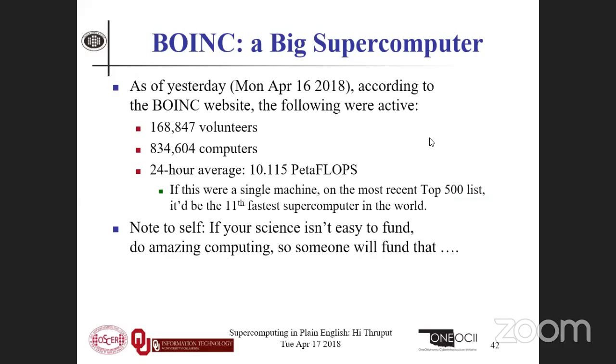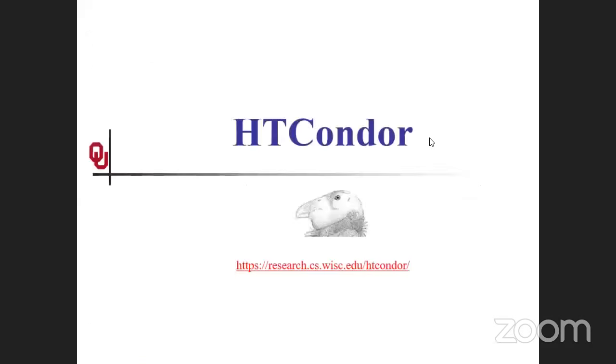So it's trivial to sell those things. It's much harder to sell things like extraterrestrial intelligence because, well, let's say that it's very difficult to predict whether that's going to be a win or a loss. So nobody in Congress wants to pay for it, right? But this way, if you're doing amazing computing, then you might be able to get a little money for that, even if you can't get money for the science that no one wants to fund.